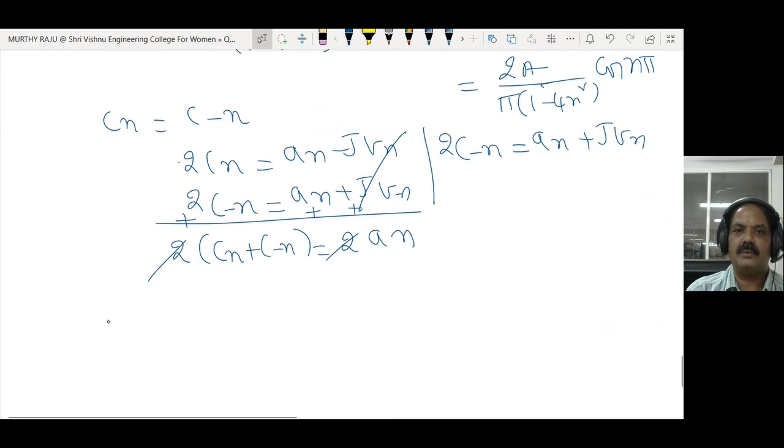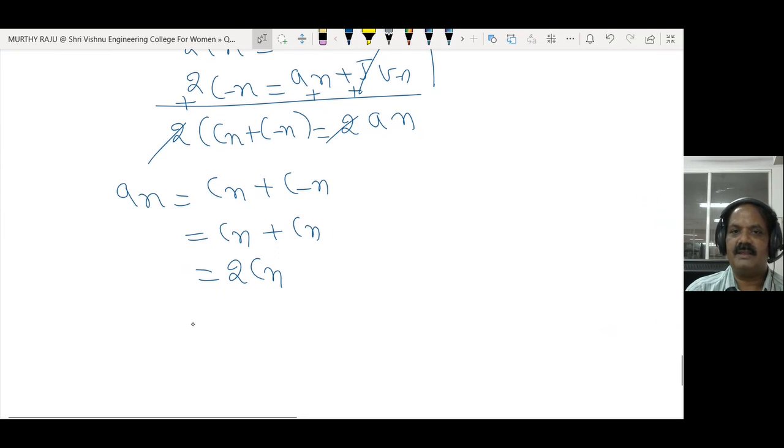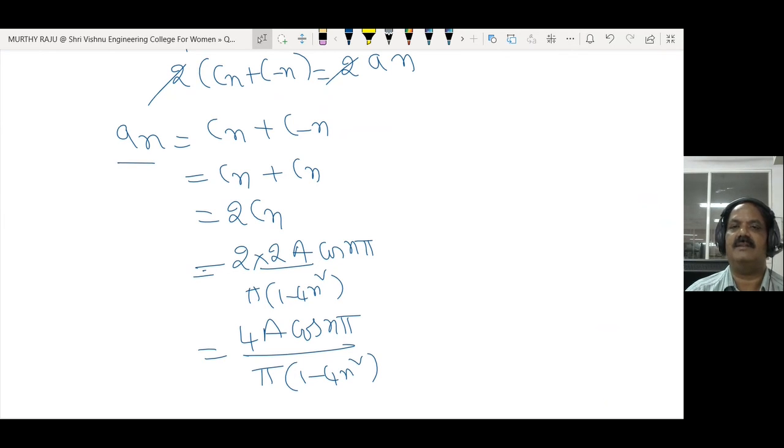Therefore, An is equal to Cn plus C minus n. But Cn is equal to C minus n. Therefore, Cn plus Cn is equal to 2Cn. The value of Cn is equal to 2 into 2a by pi, 1 minus 4n square, cos n pi. That is finally An is equal to 4a cos n pi into 1 minus 4n square. This is the one Fourier series question.